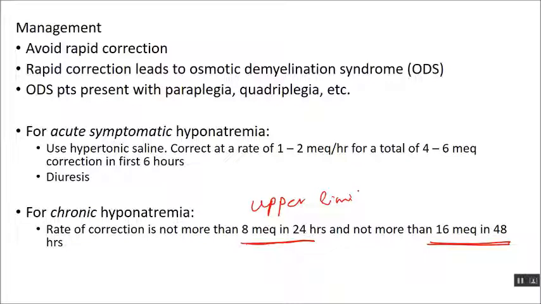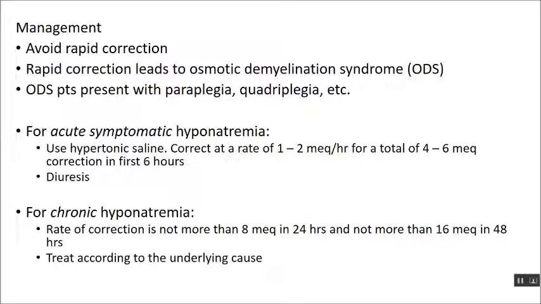Meaning that if you have corrected sodium by, let's say, 6 milliequivalents in 24 hours, it does not mean that you have done anything wrong. But if you have corrected the sodium even 10 milliequivalents in the first 24 hours, then that would not be according to the guidelines. These are the upper limits of the normal. Okay. And then you treat according to the underlying cause.